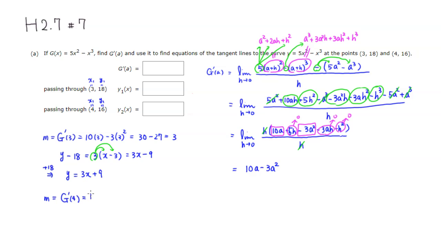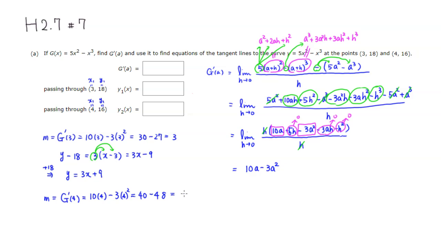So it's 10 times 4 minus 3 times 4 squared, right? So 10 times 4 is 40, right? So minus, what's this? 4 times 4 is 16, and 16 times 3 would be 3 times 6 would be 18, and then you have 3 times 1 is 3, so plus 1, so it's 48.